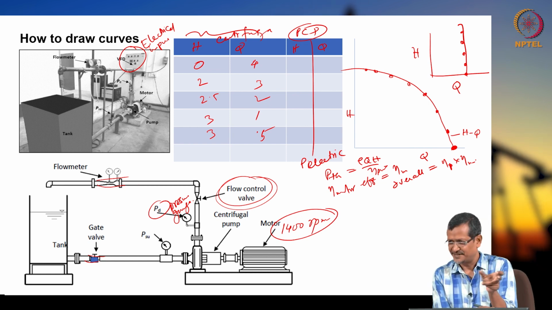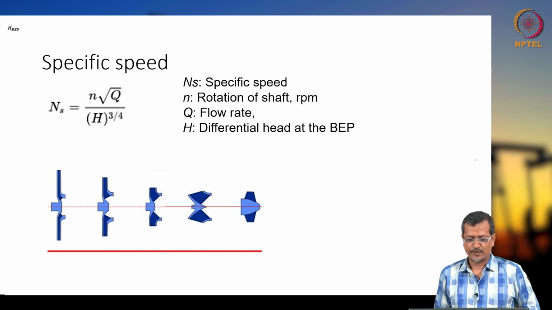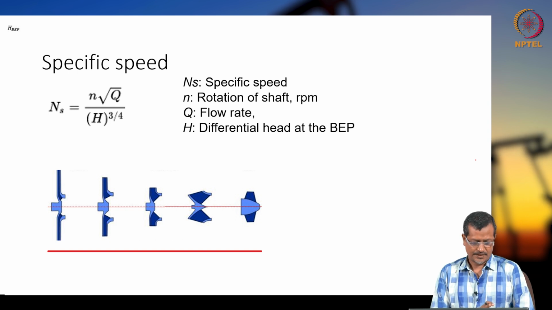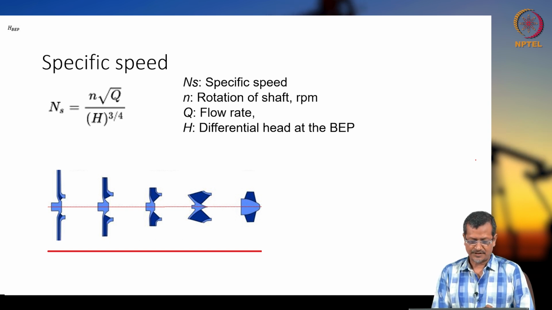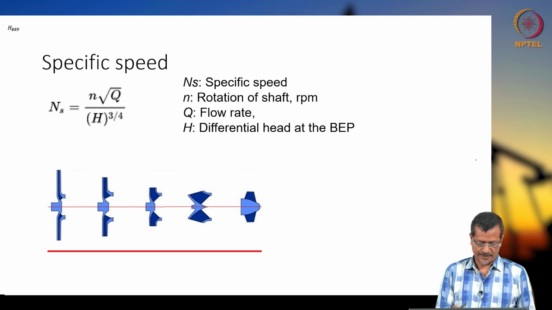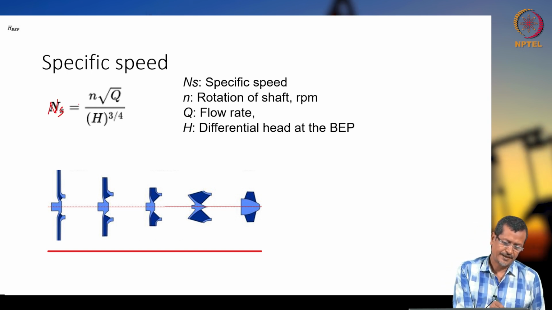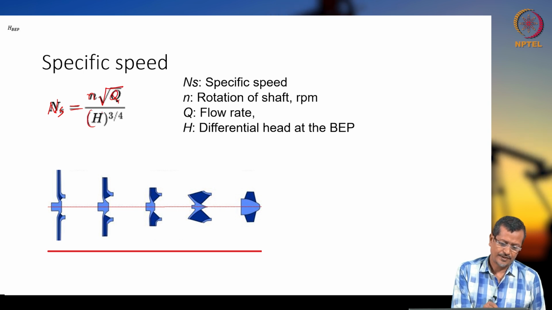From here you can calculate how much input you are giving, how much you are getting, and how much loss there is. Fine. Whenever you talk about a pump, it will have some specific speed, and from it you can differentiate among different pumps. The specific speed formula is N S equals N root Q over H to the power 3 by 4.